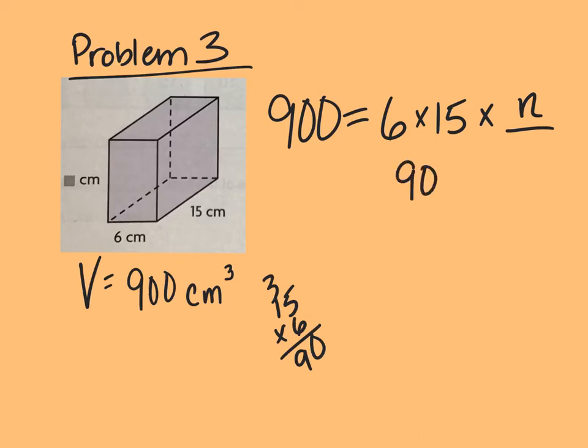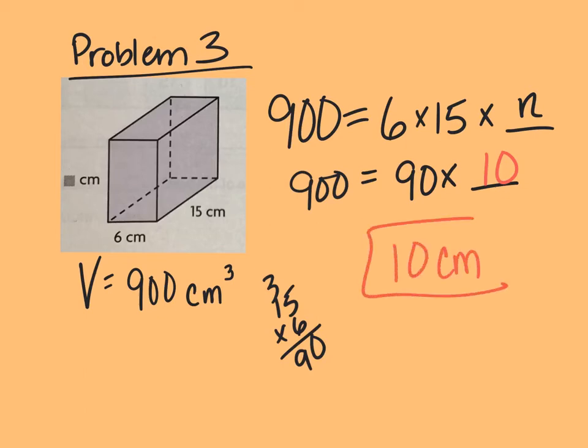So 90 times something is 900. And I can actually do that in my head, or I could use the inverse operation. So the unknown is worth 10 because 90 groups of 10 is 900. And therefore my height is 10 centimeters.